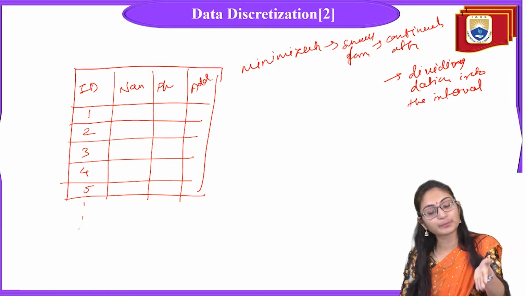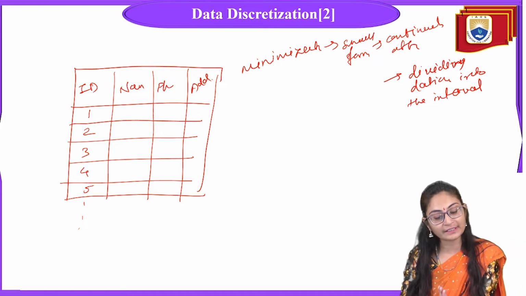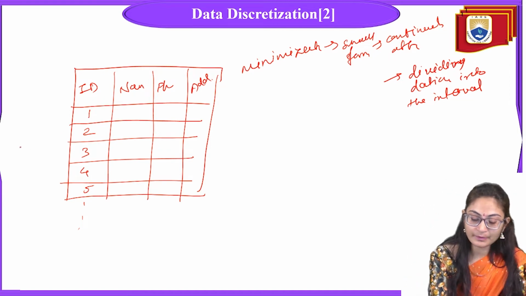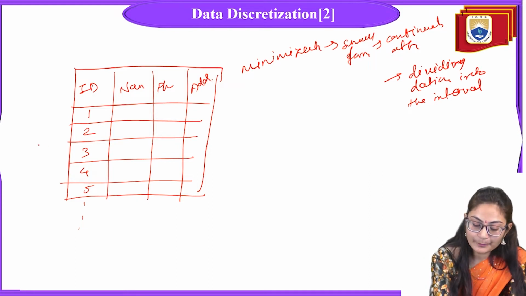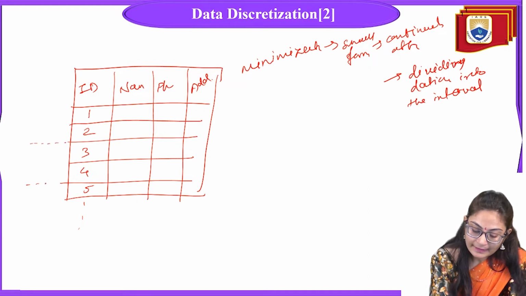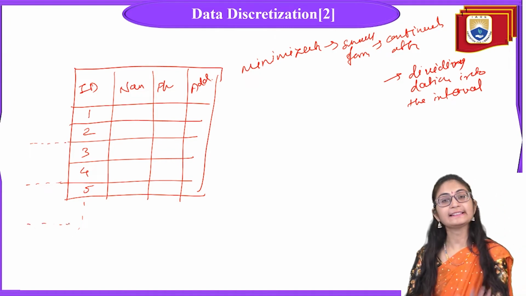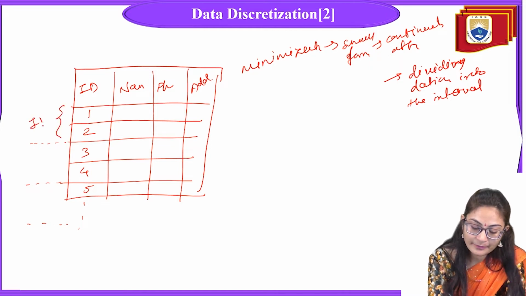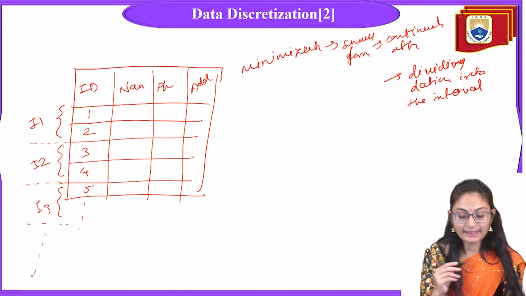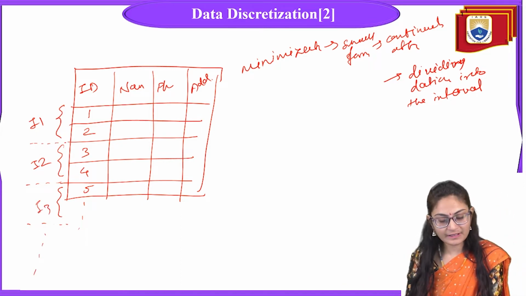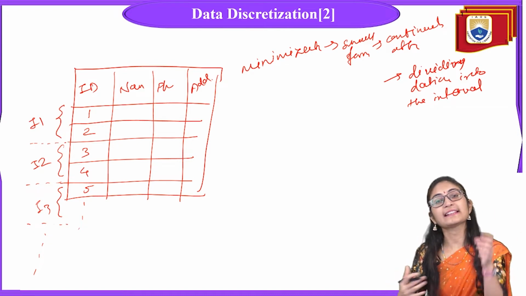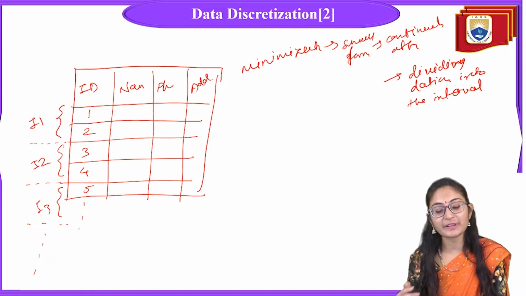I split this data and got some intervals: this is interval 1, this is interval 2, this is interval 3. That means I will get many intervals.